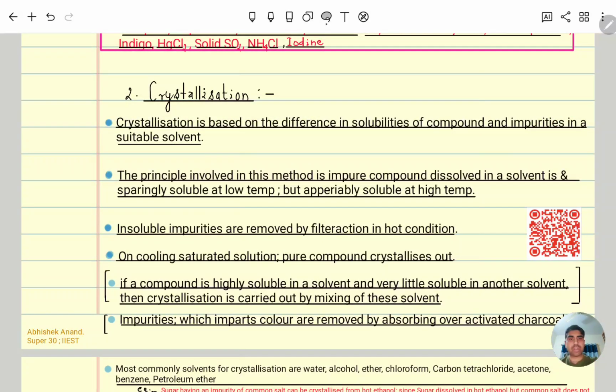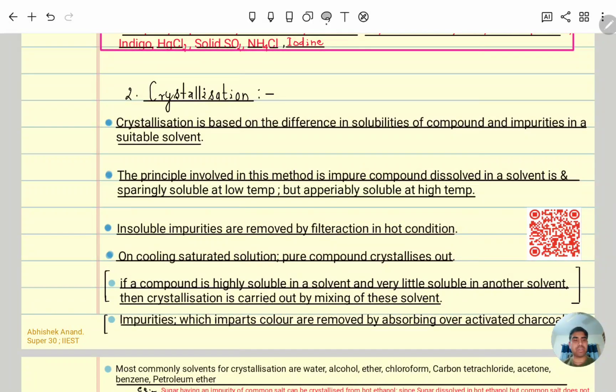That means in a particular solvent, the organic compound and impurities have different degrees of solubility. The principle is that the impure compound is dissolved in a solvent according to temperature, sparingly soluble at low temperature, appreciably soluble at high temperature. Insoluble impurities are removed by filtration in hot condition.